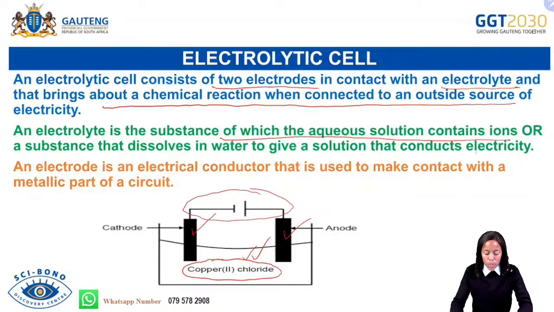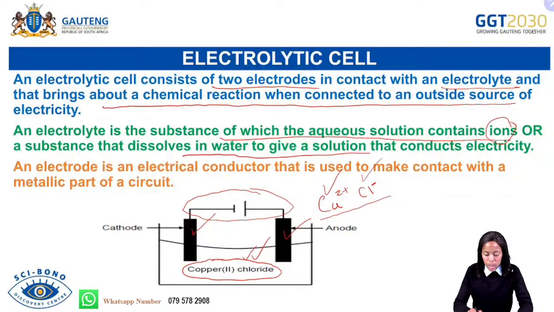So the aqueous solution contains ions. So if it's copper 2 chloride, it therefore means that in terms of ions, it's going to be Cu2+ and Cl-. Okay, so this solution, the copper 2 chloride, is the same as, if we break it down into ions, Cu2+ and Cl- ions there. Then it says, or a substance that dissolves in water.